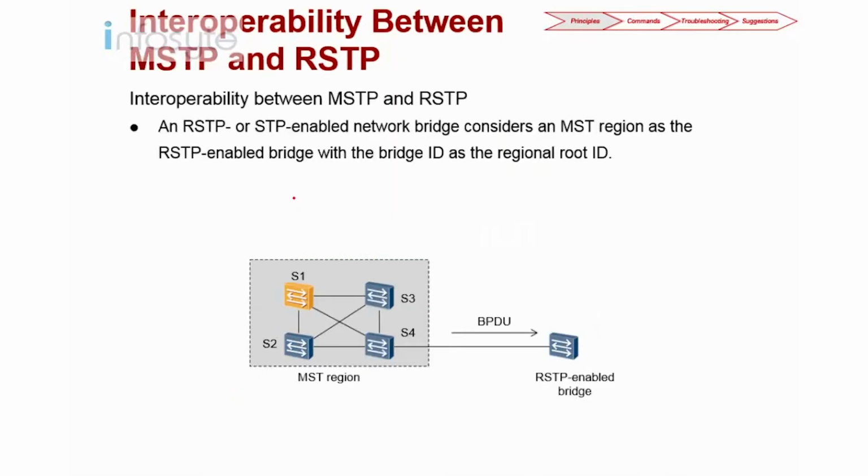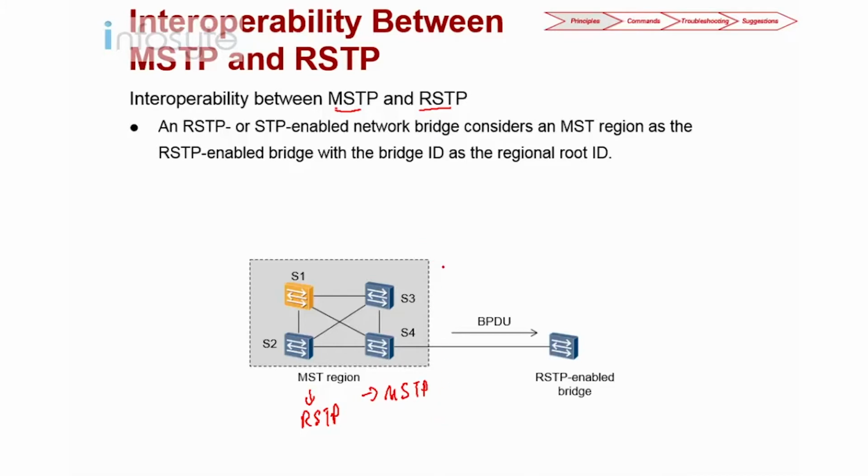Now we are going to examine the interoperability between MSTP, multiple spanning tree, and rapid spanning tree. If you still remember, MSTP basically runs on RSTP. The only difference here is that when they send the BPDU, inside the BPDU they have certain information that RSTP does not have.